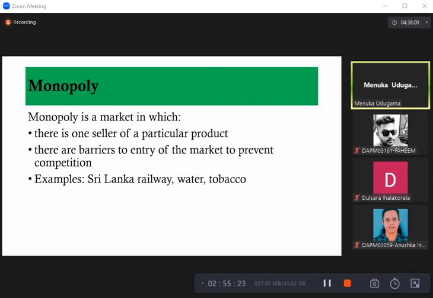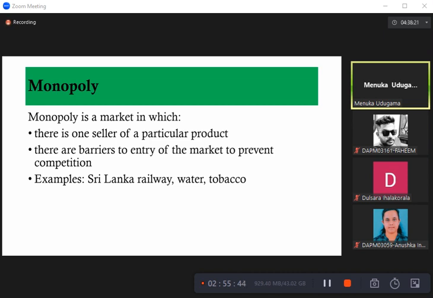Now, in a monopoly market, you find only one seller. So here we are looking at only the key types of markets, but you can further categorize. For example, if there are two firms in the market, you call it a duopoly, and you can also further categorize by looking at the number of sellers.